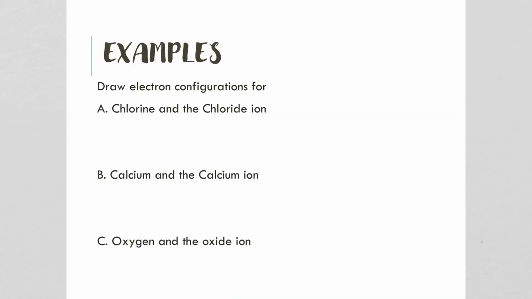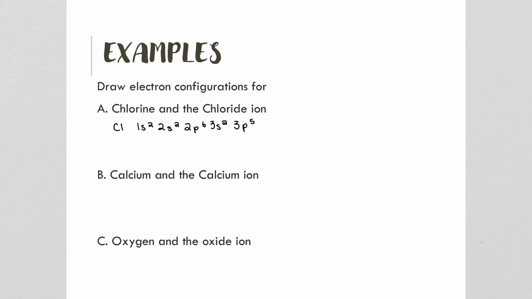So if we try some examples, the first one we're being asked to do is draw the electron configuration for chlorine and then the chloride ion. So chlorine would be 1s2, 2s2, 2p6, and then 3s2, 3p5.